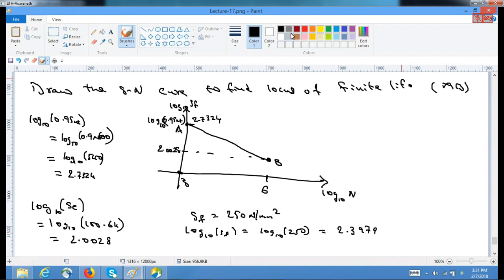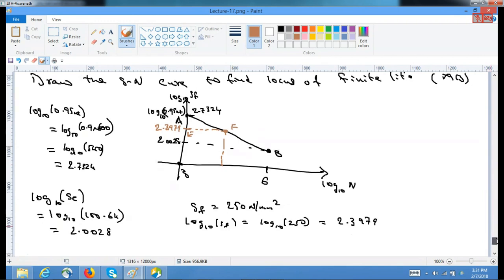So we locate this point of 2.3979, draw a horizontal line, obtain this point F given this point E, and then project it downwards. So now we have obtained an SN curve.